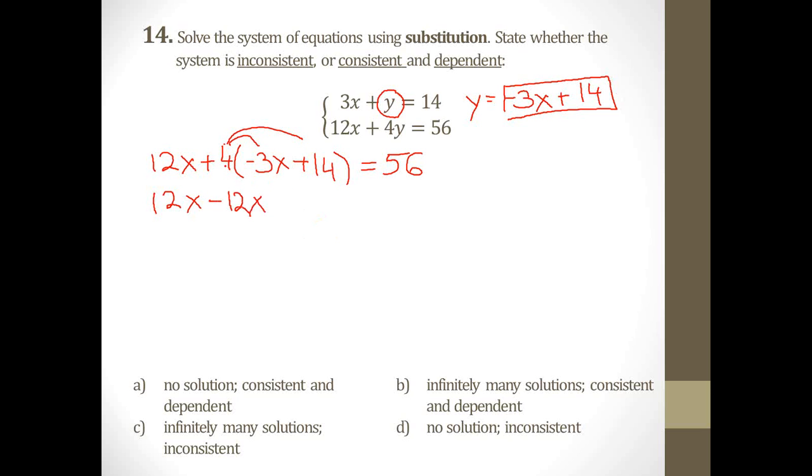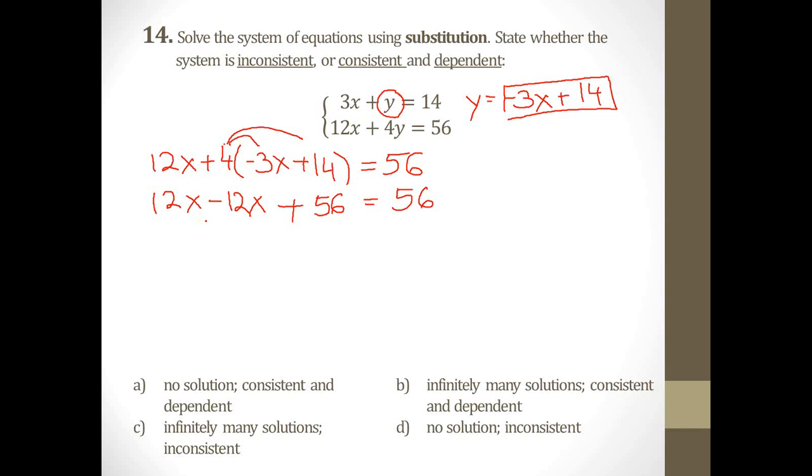And then 4 times 14, you can use your calculator, I believe it's 56. And all that is equal to 56.